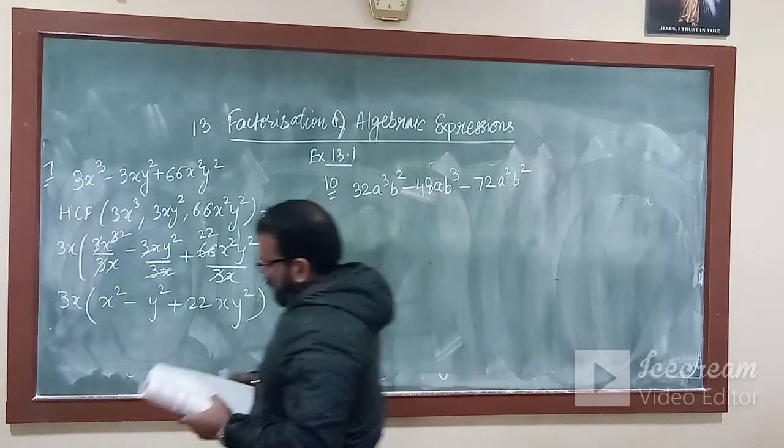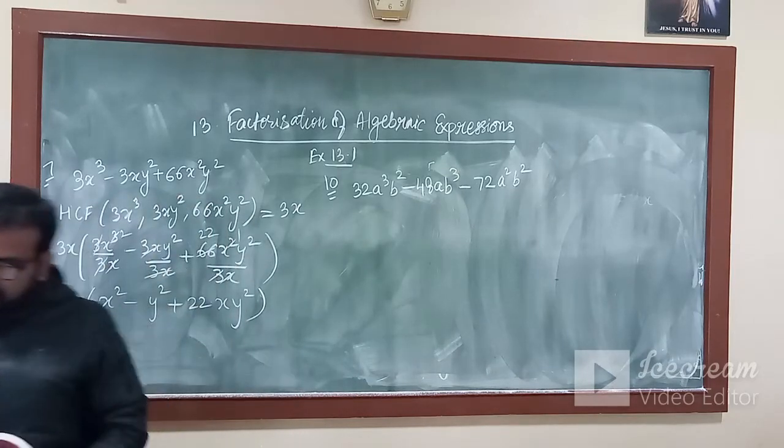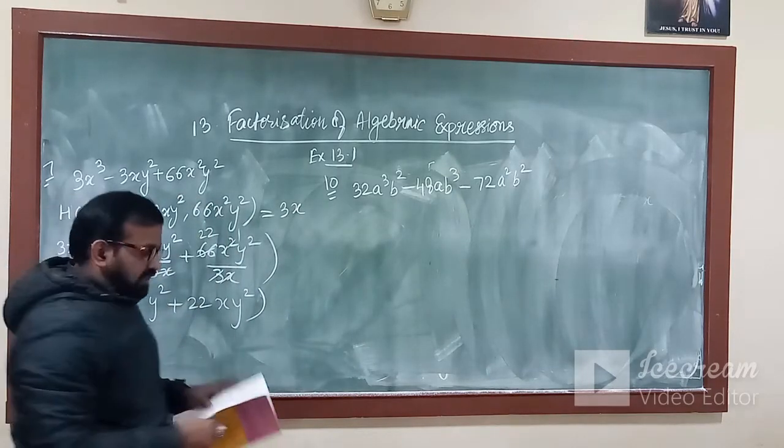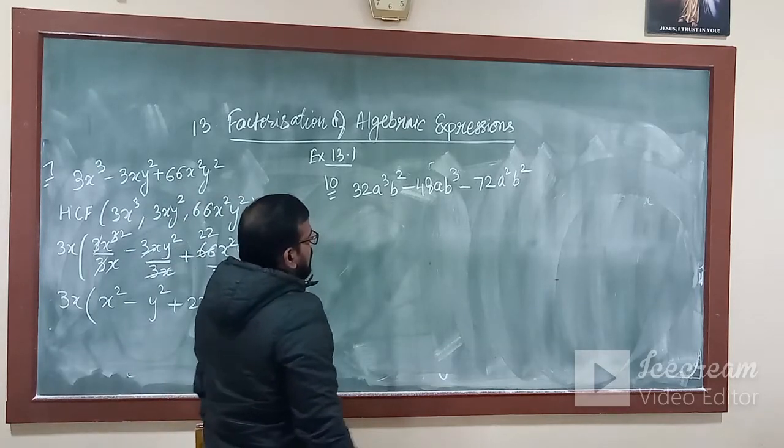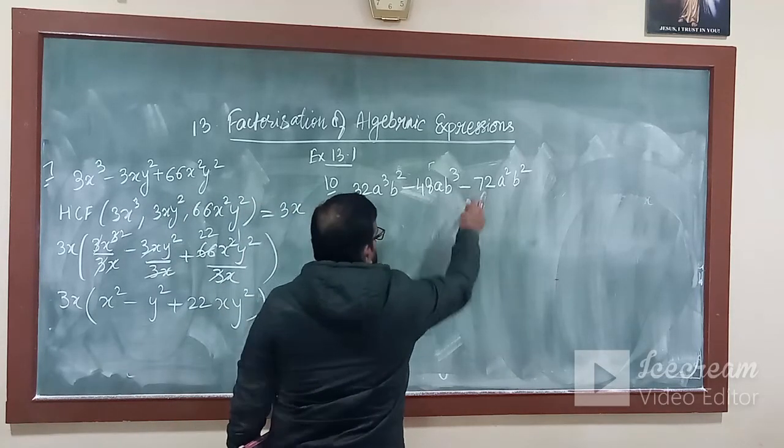Okay, so this is the expression I have. Now I have to take out the HCF of this. So see, this is 32, this is 48 and 72.